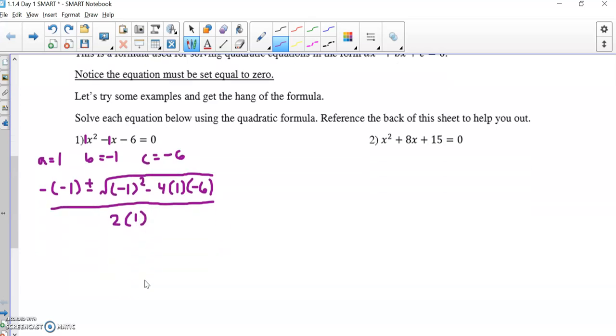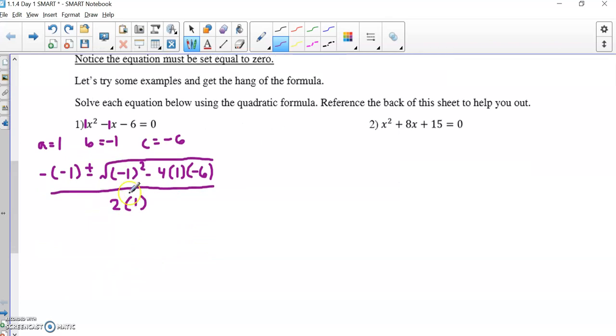Once you get it all plugged into the formula, then we just got to start finding ways to simplify it and make the easy calculations one by one. So anytime you have a negative and a negative, it's going to turn into a positive. So this negative times -1, that's going to be a positive 1. And then in the square root, you want to do those pieces one at a time.